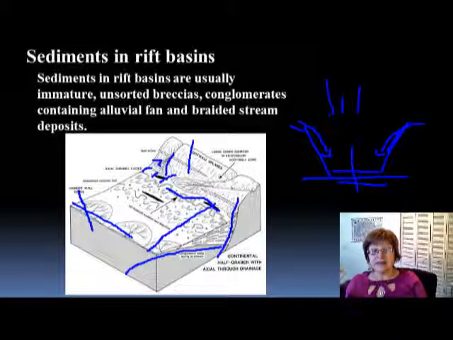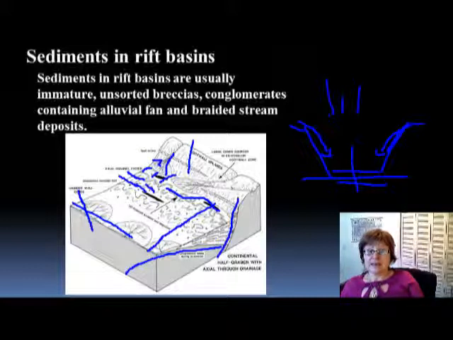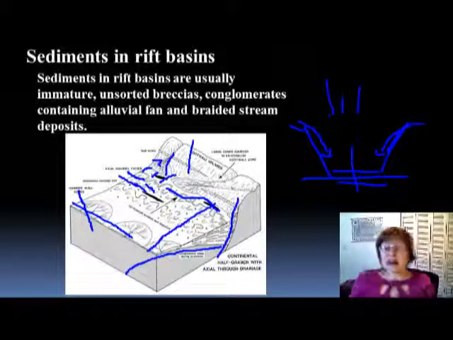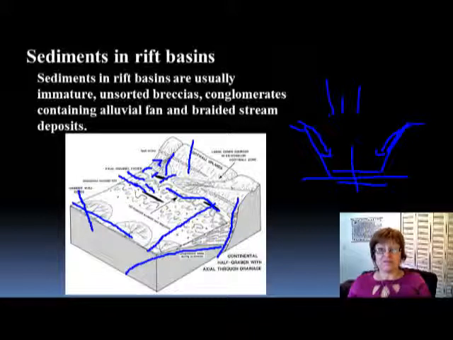Mostly unsorted breccias, conglomerate, immature, but then also you could have typical sand dunes around here. And it's very, very characteristic stuff in Death Valley. Very similar situation, actually. So these are the sediments in the rift basins.